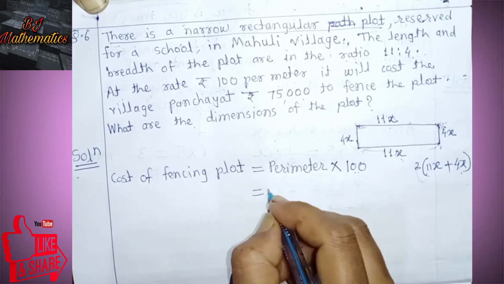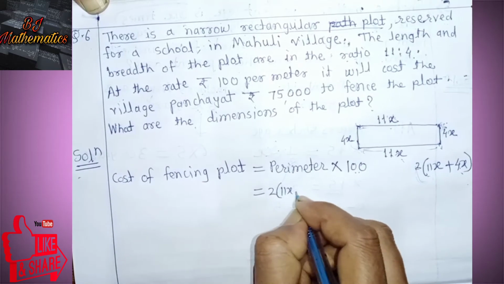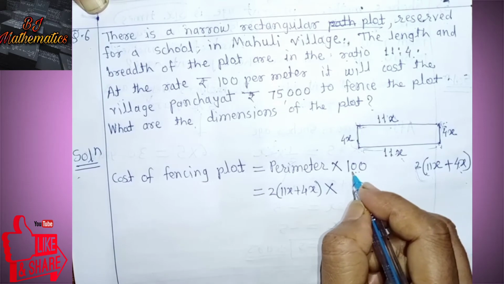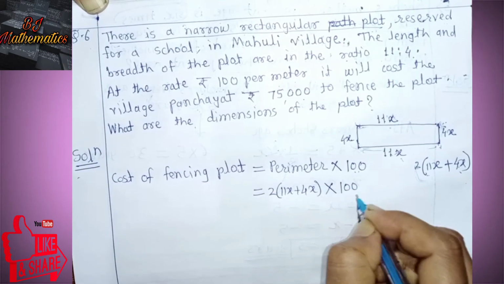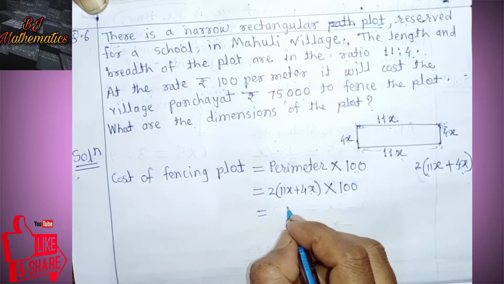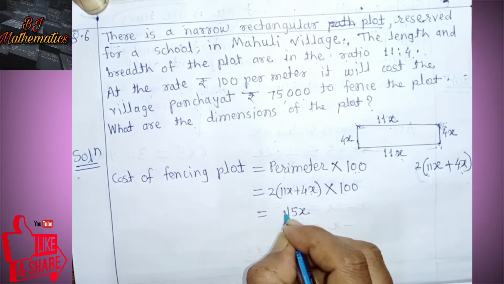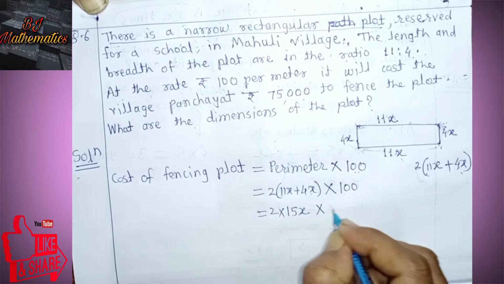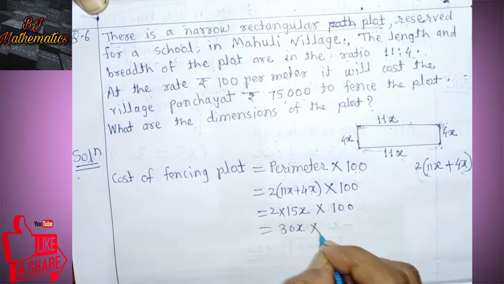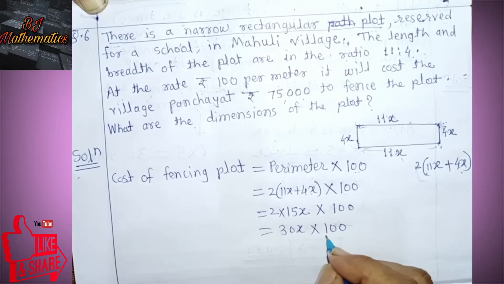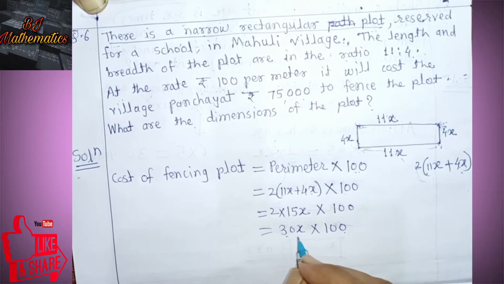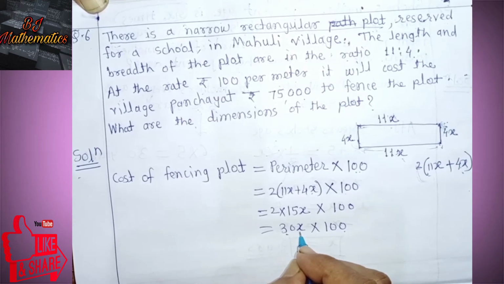So perimeter is 2 times (11x plus 4x), multiplied by the rate of fencing for 1 meter. 11x plus 4x is 15x, multiplied by 2, multiplied by 100. 30x multiplied by 100. For 1 meter 100 rupees, then how much for 30x meters?